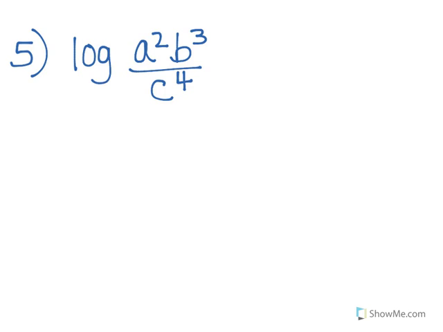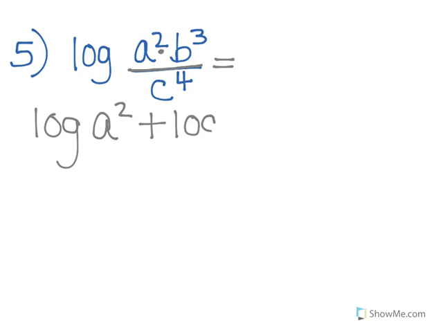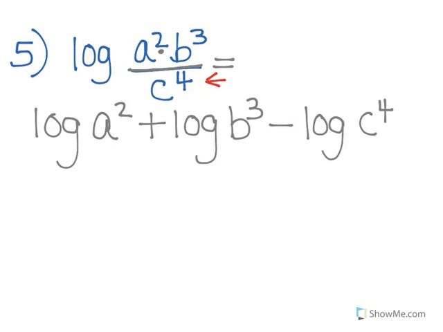This problem has multiple parts. The first part that I notice is up top I have a multiplication problem, and then I have this division problem. So this is how it goes. You're going to do log of a to the second plus log b to the third. And since I said before this c to the fourth is in the denominator, which means we're then going to subtract log of c to the fourth.